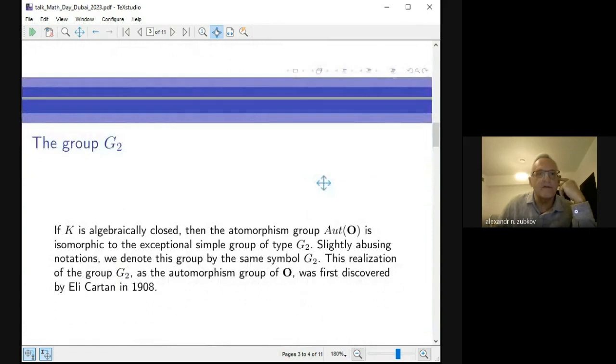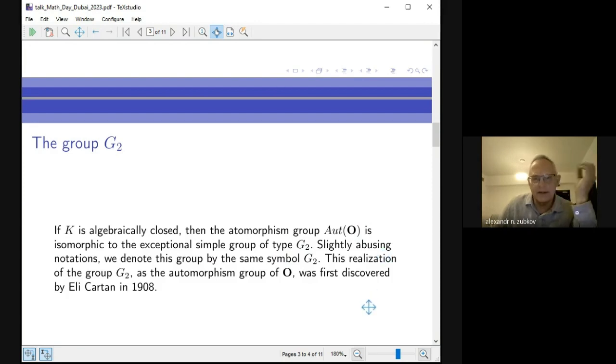Well, the next hero of my talk is the group G2. Now I am going to assume that the ground field K is algebraically closed. Then you can consider the automorphism group of this algebra, and it is well known that this automorphism group is isomorphic to the first exceptional simple group of type G2.